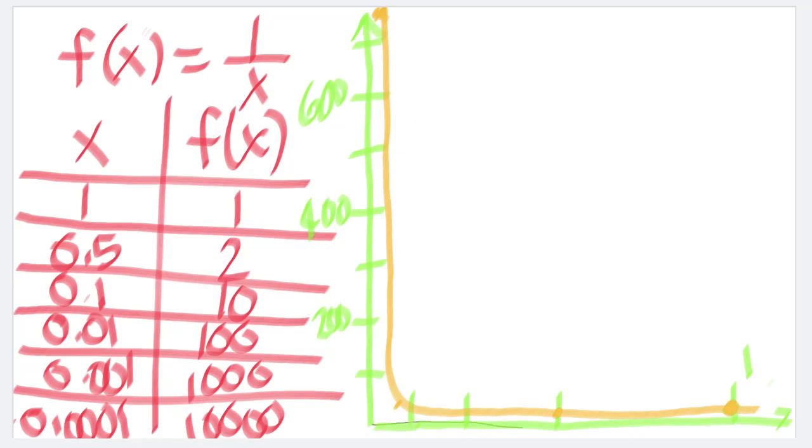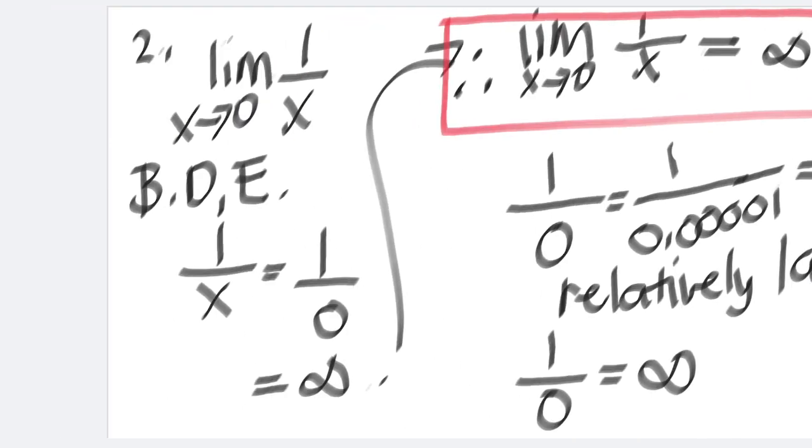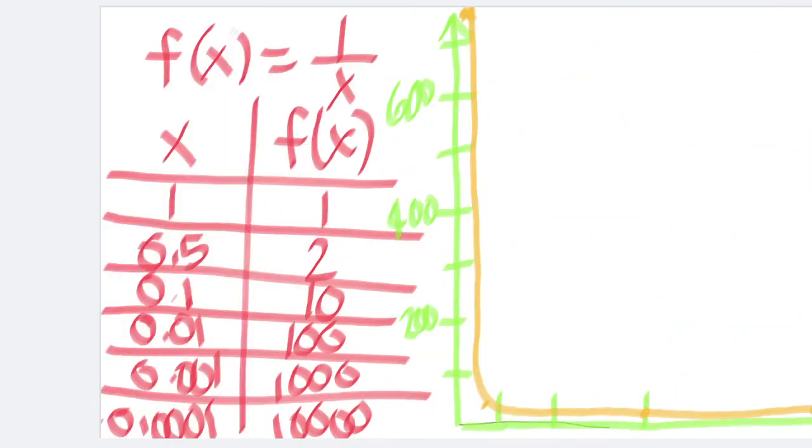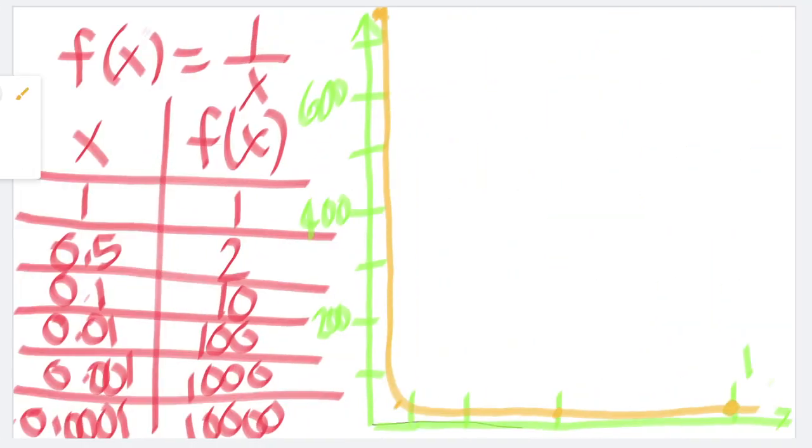So the limit here states, what is the limit of 1 over x as x approaches 0? When your x variable approaches 0, what happens to your f of x?